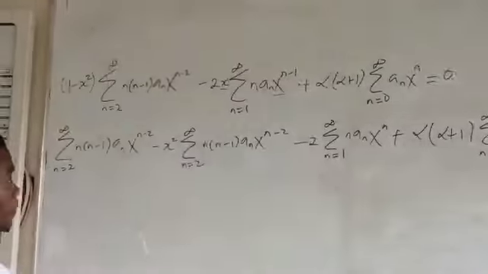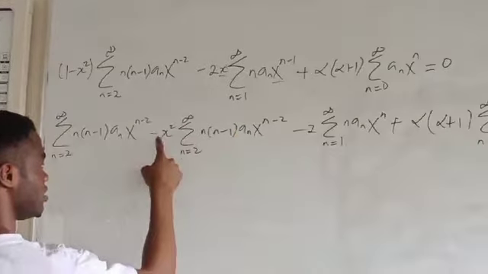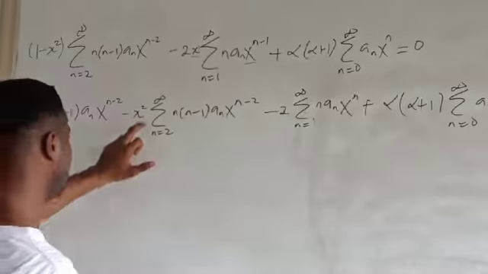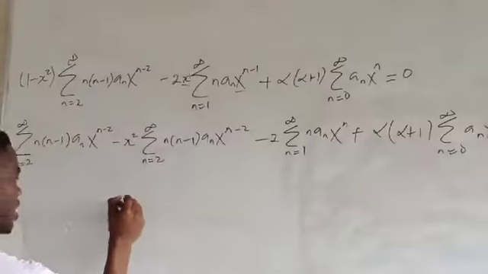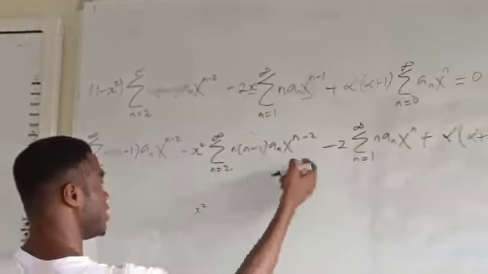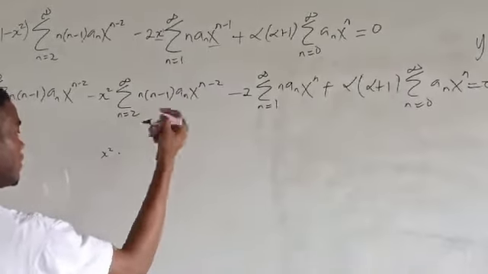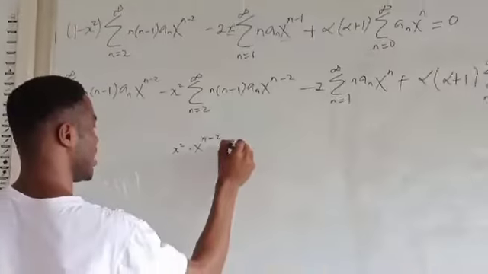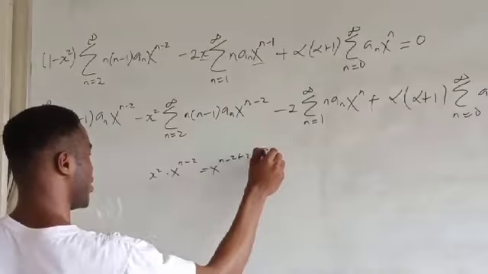Using that same procedure, I want to apply it to this term, the same way we did in this place. So I can confidently say that this whole term, since we have x squared multiplying this whole stuff, means x squared times x raised to the power n minus 2, using our law of indices as well. It is x raised to the power n minus 2 plus 2, which gives us x raised to the power of n.